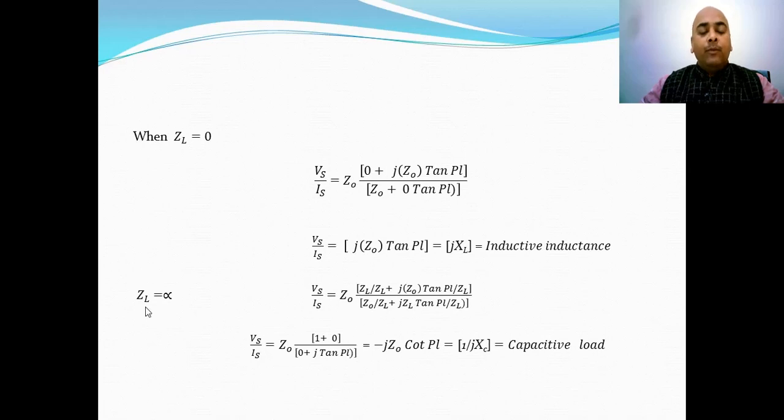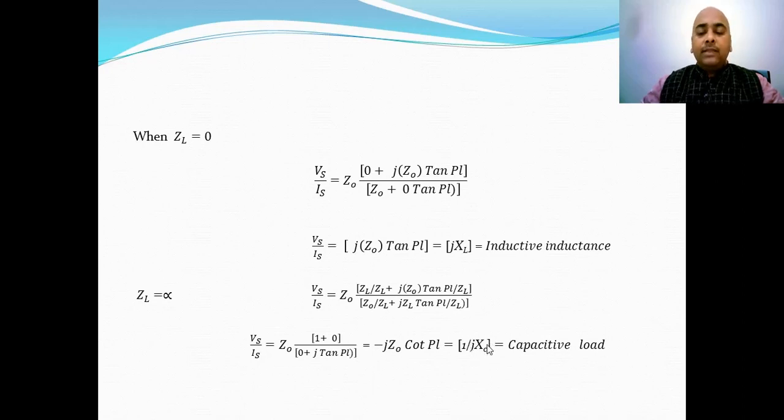Similarly, when we put ZL equal to infinite, then the input impedance obtained is minus jZ naught cot of PL, which is of the form 1 upon jXC, because when j is multiplied on numerator and denominator, we obtain minus j by XC, that is, it is of capacitive form.